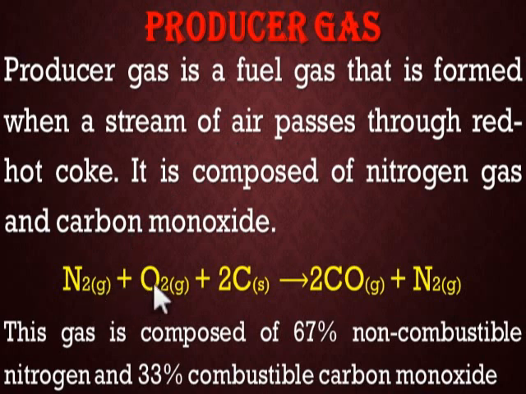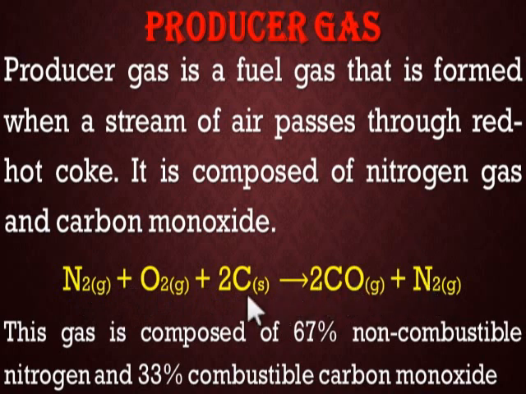Okay, so when you pass this air, being nitrogen and oxygen, over red hot coke, the carbon here, solid, represents red hot coke. When you pass this air over red hot coke, it produces carbon monoxide and nitrogen gas.